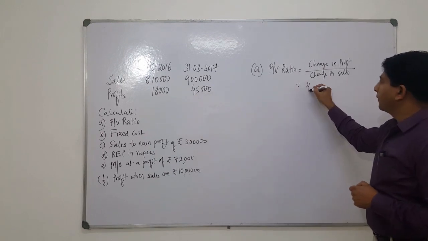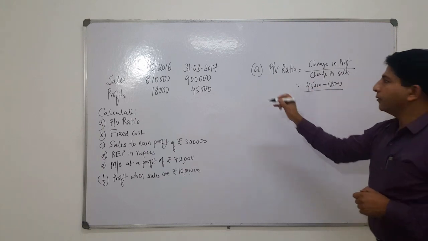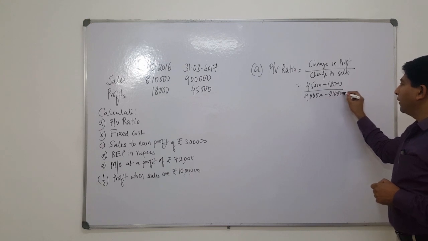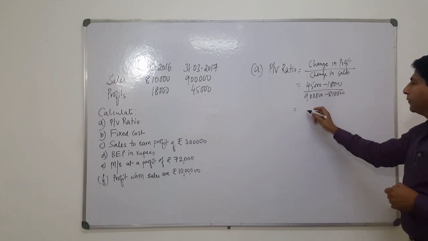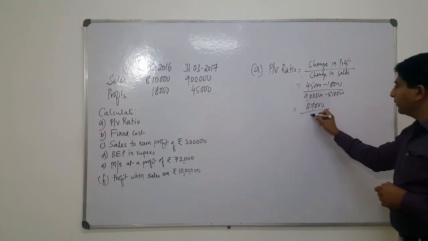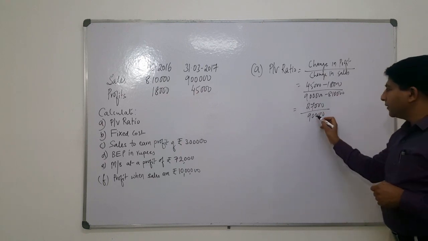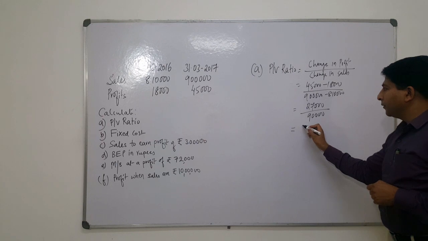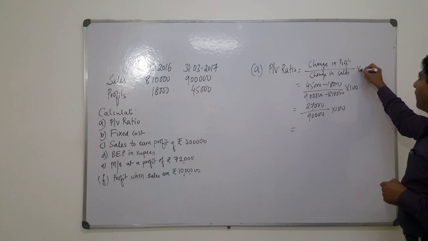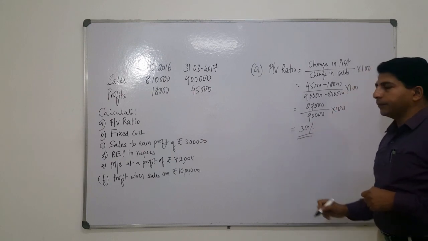See, profit 45,000 minus 18,000, that is 27,000, divided by 9 lakh minus 8 lakh 10,000, which is equal to 90,000. If you multiply with 100, you will get 30% as the PV ratio.